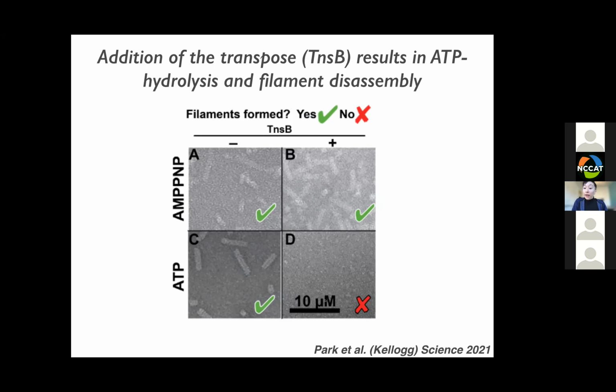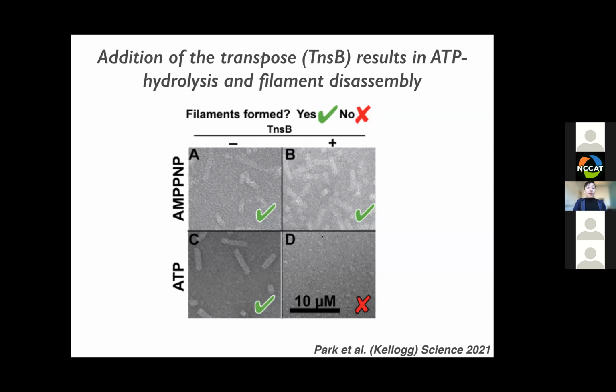But when we polymerize TnsC in the presence of AMP-PNP, the addition of the cargo carrier TnsB has no effect on the formation of these filaments. So that told us that filament disassembly was nucleotide dependent and also facilitated by TnsB.